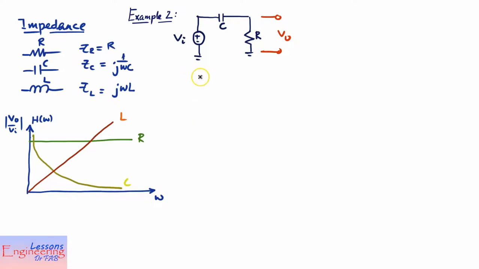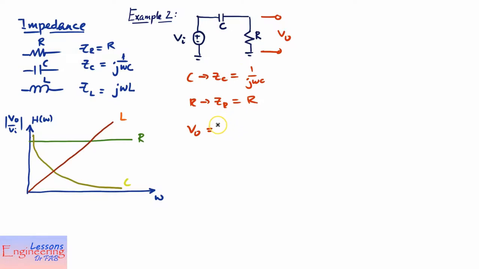We have 2 circuit elements, and their impedances can be given by: we have a capacitor, and its impedance is 1 over j omega C, and we have a resistor whose impedance is just R. The output voltage can be given by the voltage divider rule that we have seen in part 1 of the filters introduction.